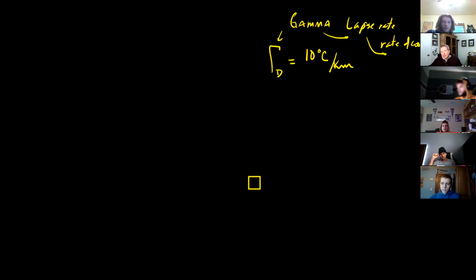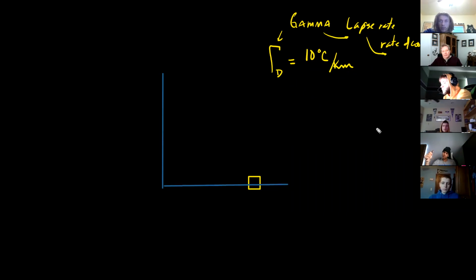So imagine this, guys. Imagine that I lift this parcel and I'm going to plot out a graph of its temperature. What is the horizontal axis going to be? Temperature. What's the vertical axis? Height.